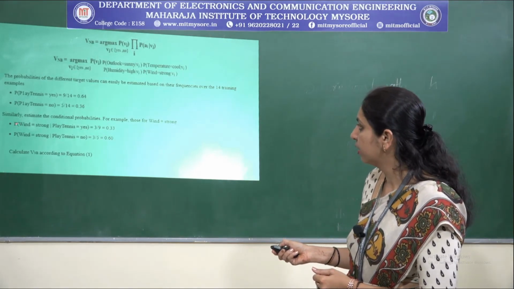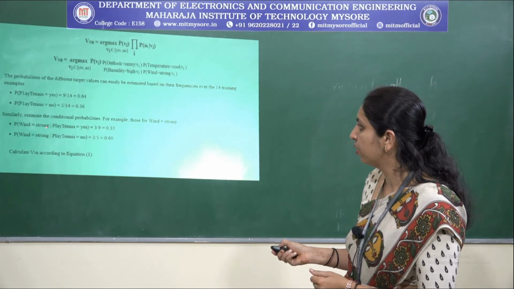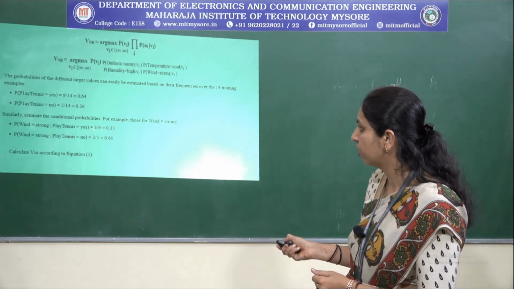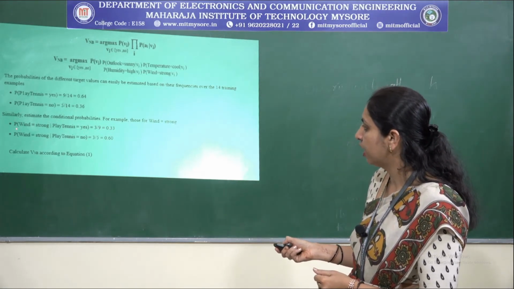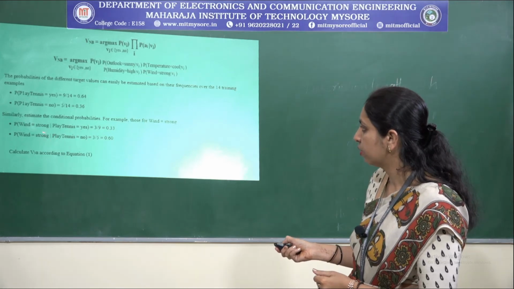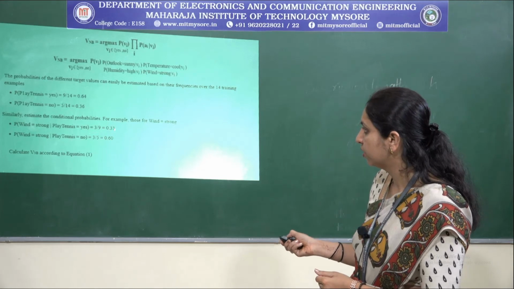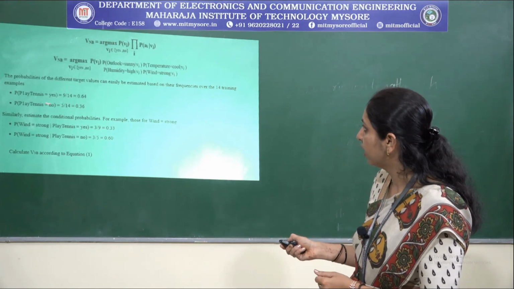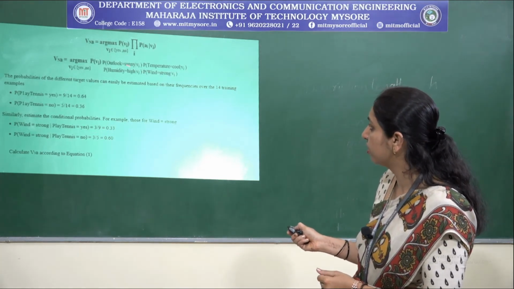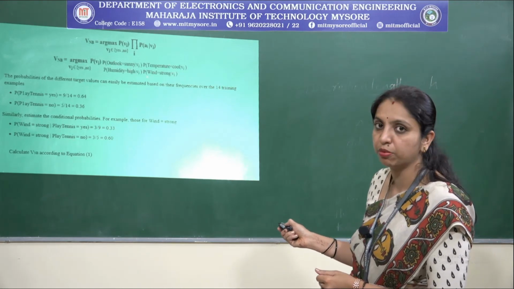With this we can calculate the conditional probability of strong given yes, which is 3 out of 9, that is 0.33, and the probability of strong given no, which is 3 out of 5. We have calculated only this part, the probability of wind, especially strong, given the target function, yes or no, because we will be multiplying all the conditional probabilities.